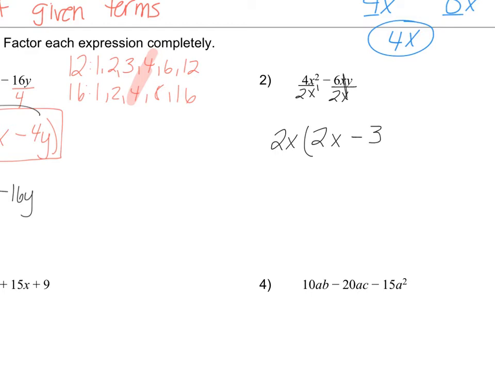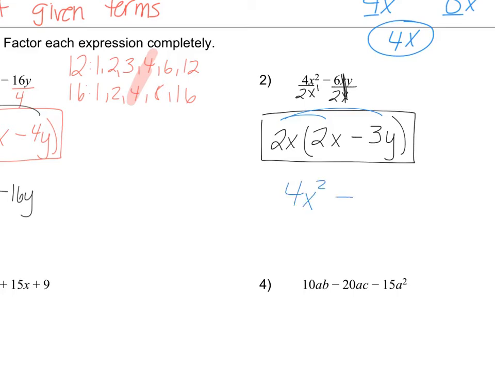X divided by x just cancels itself out, and then y just stays there. So my final expression would be 2x on the outside of the parentheses, and then 2x minus 3y on the inside. Remember, I can always check my work by distributing. So I get 4x squared minus 6xy, and I'm back to my original expression.